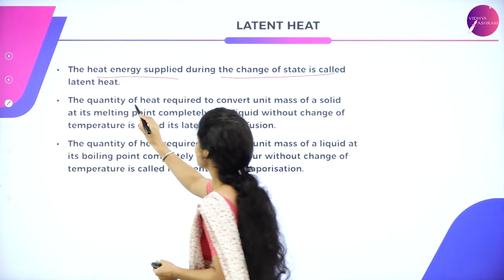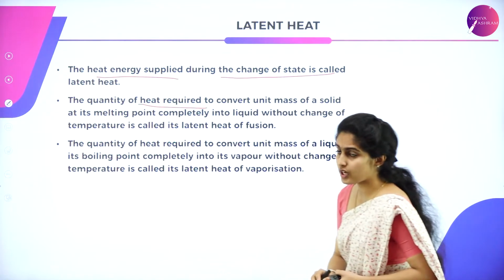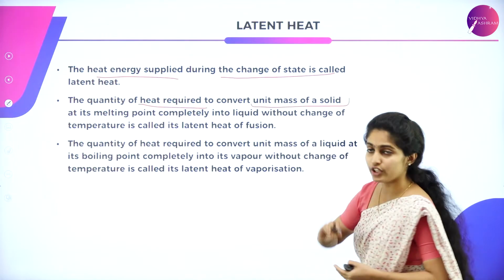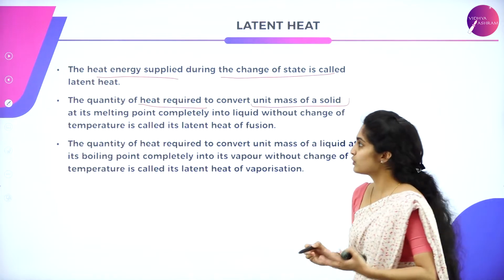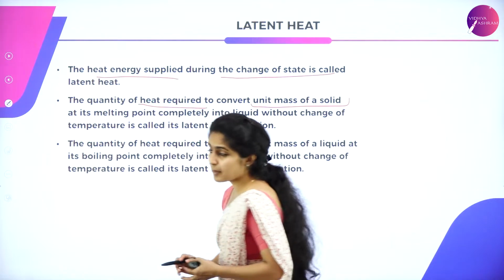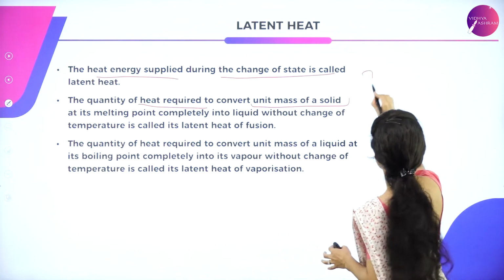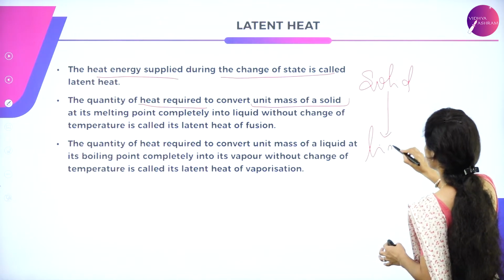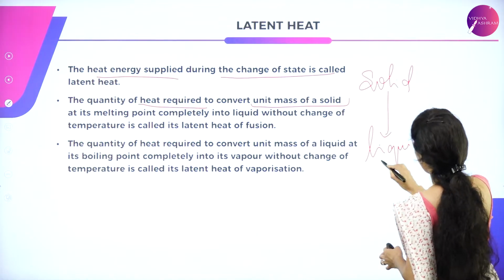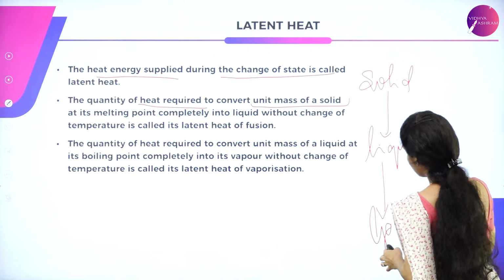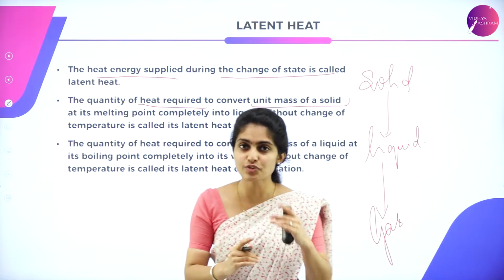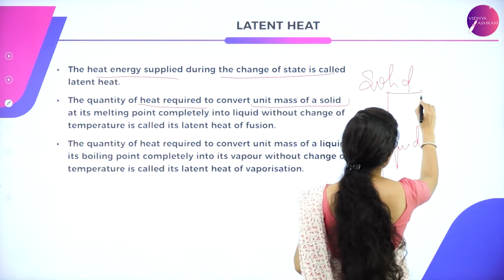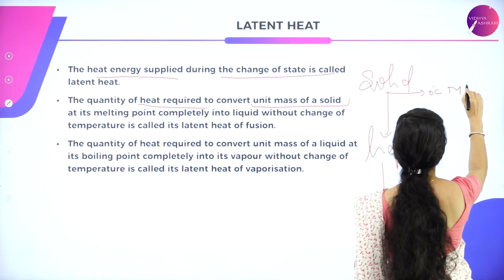So the quantity of heat required to convert unit mass of a solid at its melting point. Whenever we consider solids getting converted to liquid and again to gas, the transition from solid to liquid happens at 0 degrees Celsius, called the melting point.